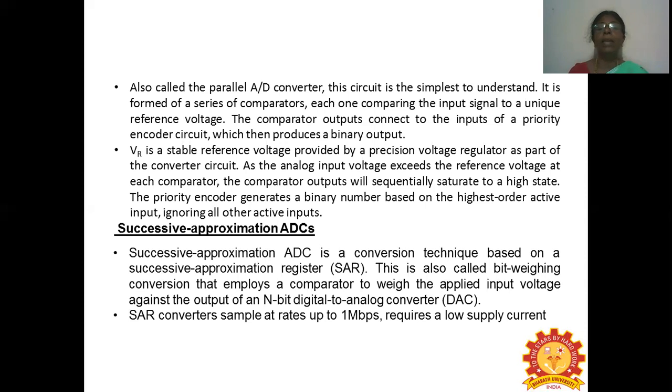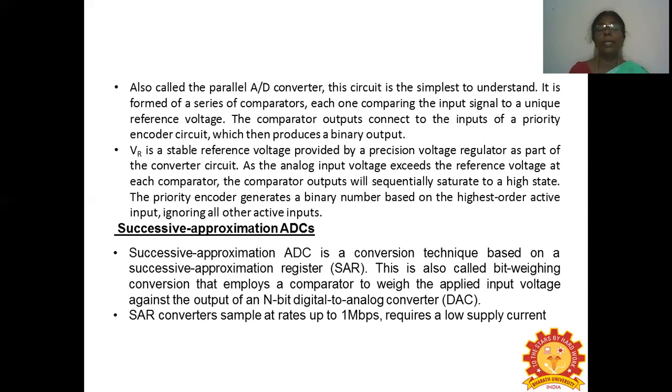As the analog input voltage exceeds the reference voltage, whenever we apply the input voltage and it exceeds the reference voltage at a comparator, what will happen at that time? The comparator outputs will sequentially saturate to a high state. So input high means the output of the comparator goes to the high saturation state.